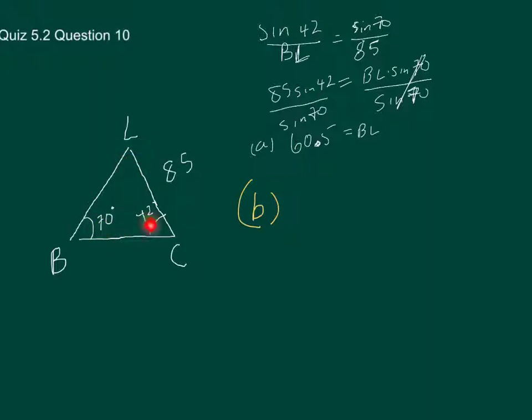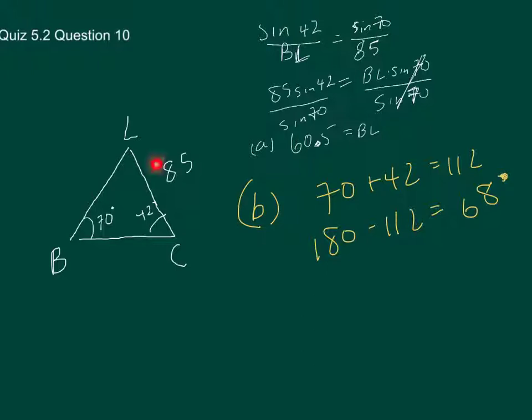So I took 70 and 42 and added them together. 70 plus 42 is 112. I then used the triangle sum theorem, and subtracting gave me 68 degrees. So 68 degrees is the angle right here.